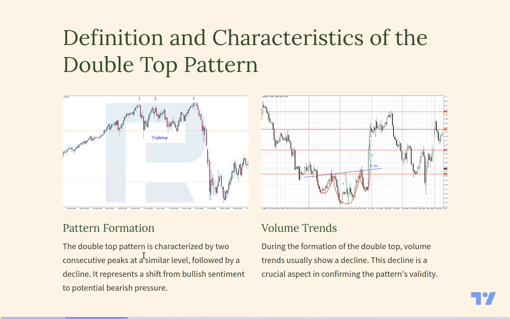The double top pattern is characterized by two consecutive peaks at a similar level followed by a decline. It represents a shift from bullish sentiment to potential bearish presence. Volume trends: during the formation of the double top pattern, volume usually shows a decline. This decline is a crucial aspect in forming the pattern's volatility. So you can see the pattern here, the way it is.